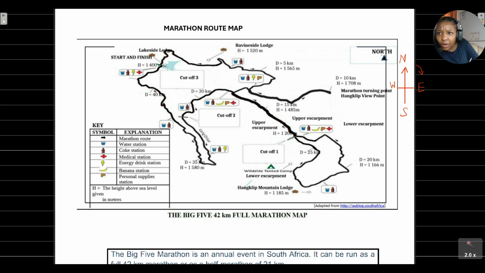So analyze that, and give yourself at least 5 minutes to just have an idea of what's happening there. We've got that point there, which is basically telling us that at the starting point, we're given a height of 1,400 meters. That means that at that point, the height above sea level is 1,400 meters.